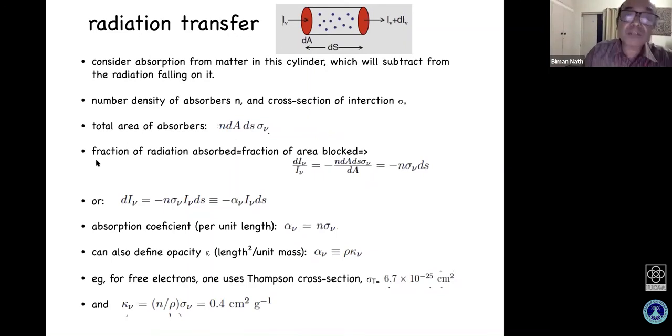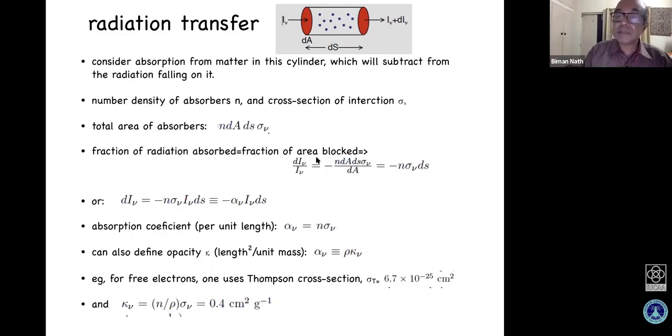Let's think in terms of the fraction of the area that is blocked. I can say that there's the fraction of radiation that is going to be absorbed, right? So the fraction of area that is blocked is this divided by dA. dA is the total area, and the area that is being offered as resistance to the radiation is this. So the fraction is this.